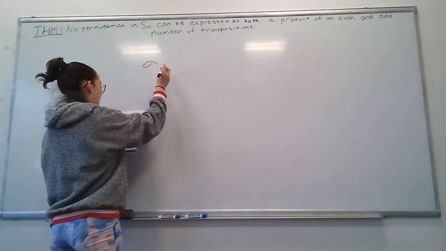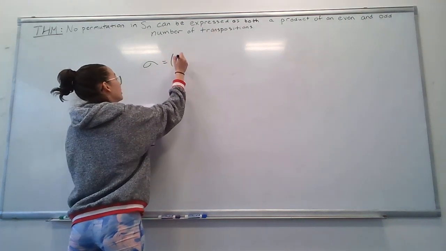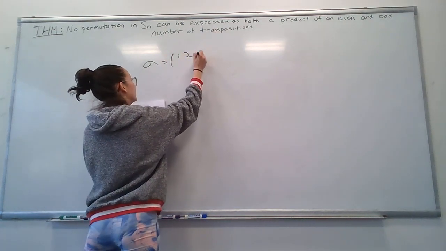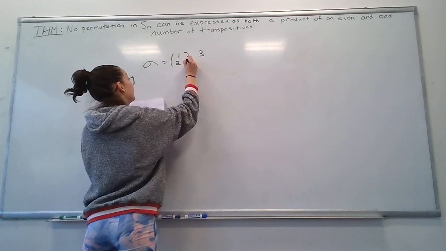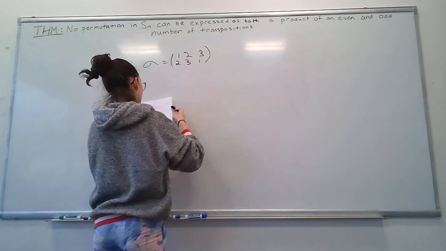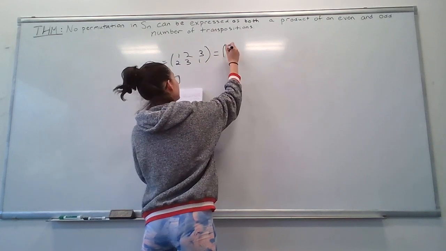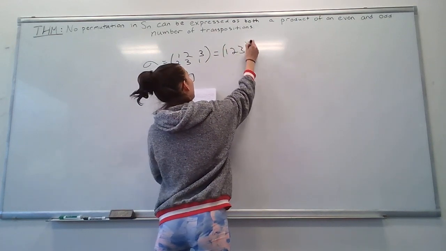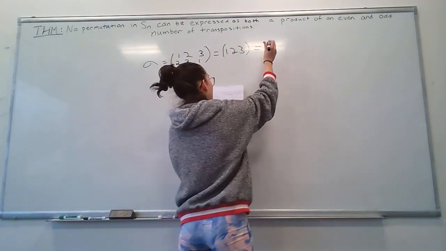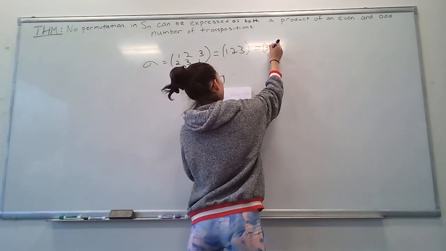So let's say we have sigma equals this. We know that this can be written as a permutation, and that as transpositions it would be written like this.